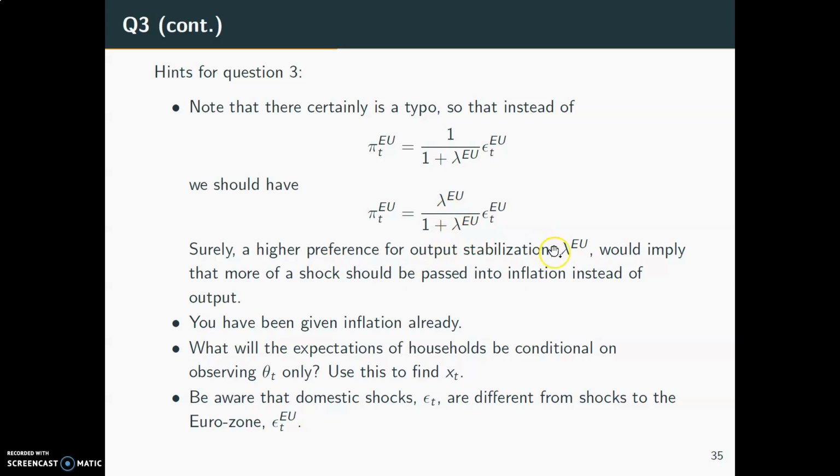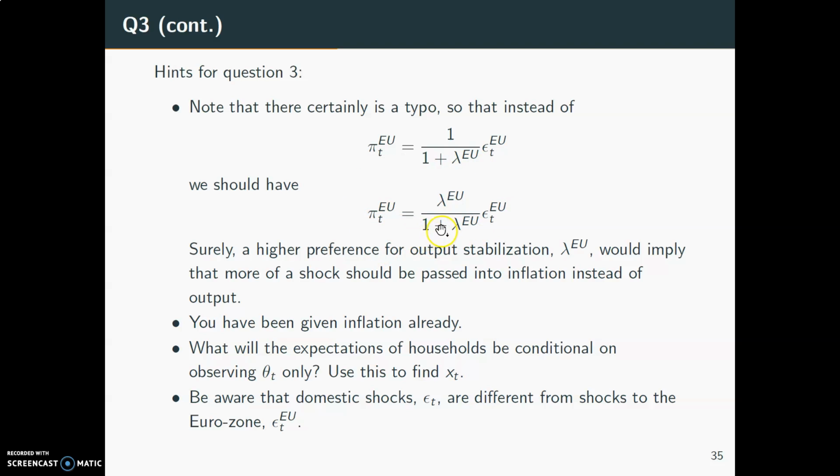And that's what we have if lambda here tends to infinity, then the whole supply shock would be passed into inflation, whereas in this case, when lambda tends to infinity, none of the supply shock is passed into inflation. Okay, and if you have already solved question 1 at this point, you should also be able to see why this must be the case, but I'll not tell you why.